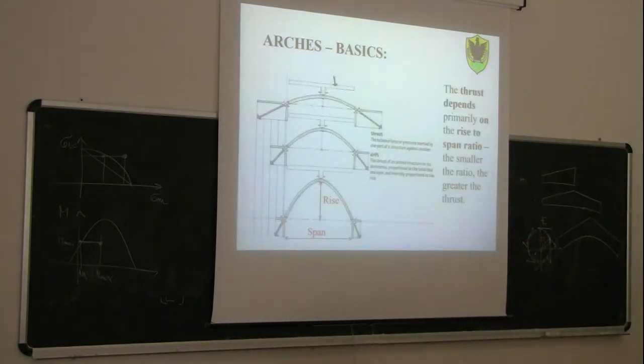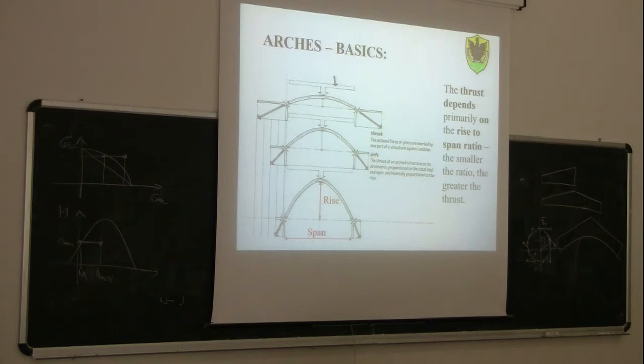In order to understand better this concept, actually now we're talking about another concept, sorry. We understood that we need to have the pin connection here, and then there's another important effect of the shape of the arch. Now suppose that you need to cover the same span. We said, okay, we need to have a pin connection on both sides.